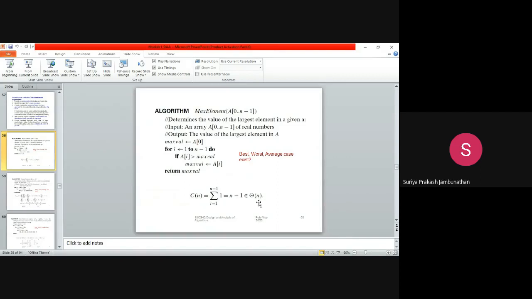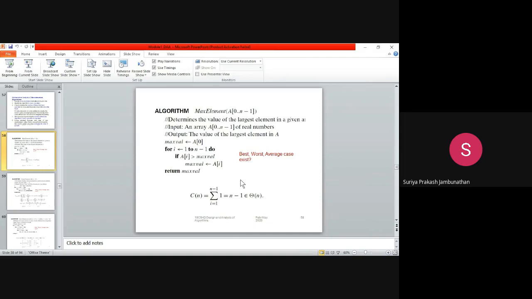So here this is the asymptotic notation for the given algorithm. The algorithm's notation will be written like that. The given algorithm has best case, worst case and average case, and we are writing the algorithm in the form of n minus 1.